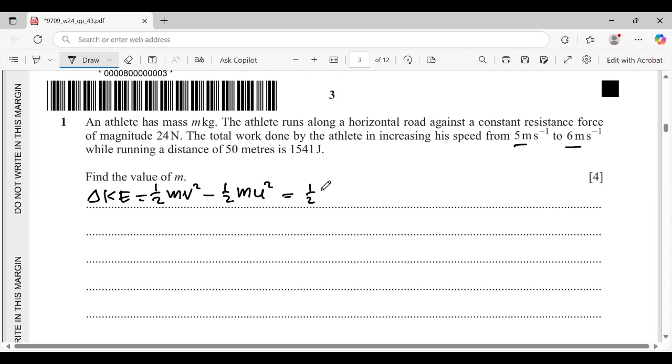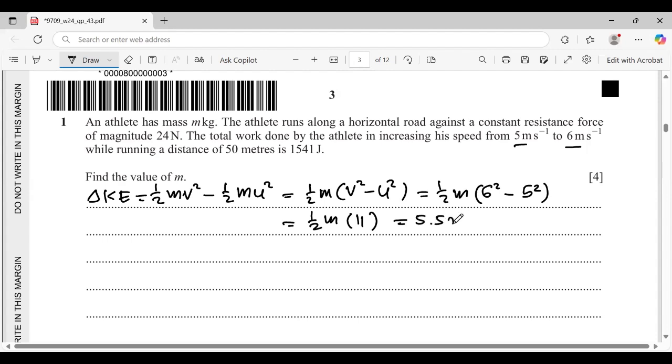We can simplify this expression to 1/2 m (v squared minus u squared), or 1/2 m times (6 squared minus 5 squared). So it's going to be 1/2 m times 11, because 36 minus 25 is 11. So it is 5.5 m.